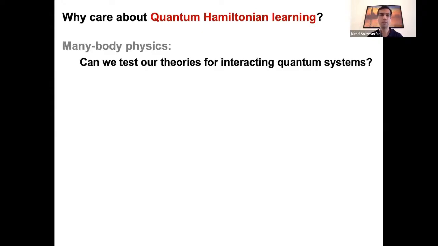So this is a question that we study in our work, but before stating our result, let me tell you more about why we care about this. From a many-body physics perspective, there is this general question of whether we can test or falsify our theories about how interacting quantum systems work in a provable way, despite the fact that directly simulating these systems is often computationally intractable.